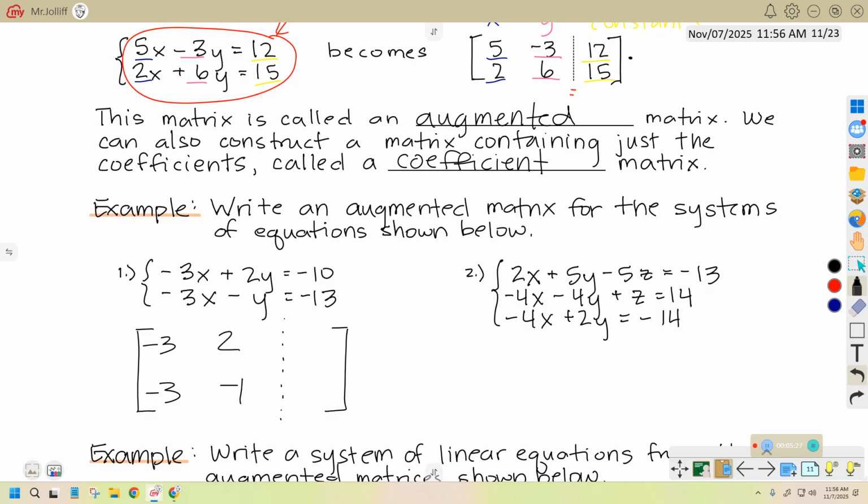Perfect. Notice if the 3's here didn't match, it would be important that these match across. The rows have to come from the same equation. Good. Constants. -10, -13. Perfect. Take a second in your small groups. Do the same thing for example 2. Give you about 90 seconds.